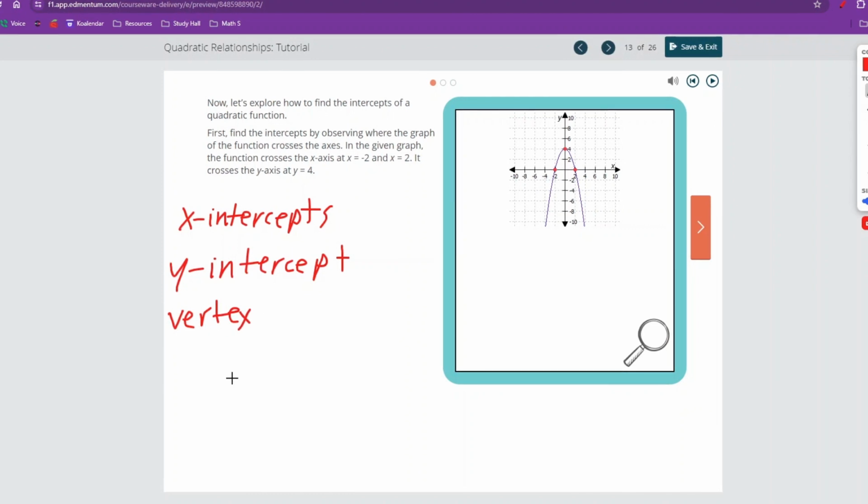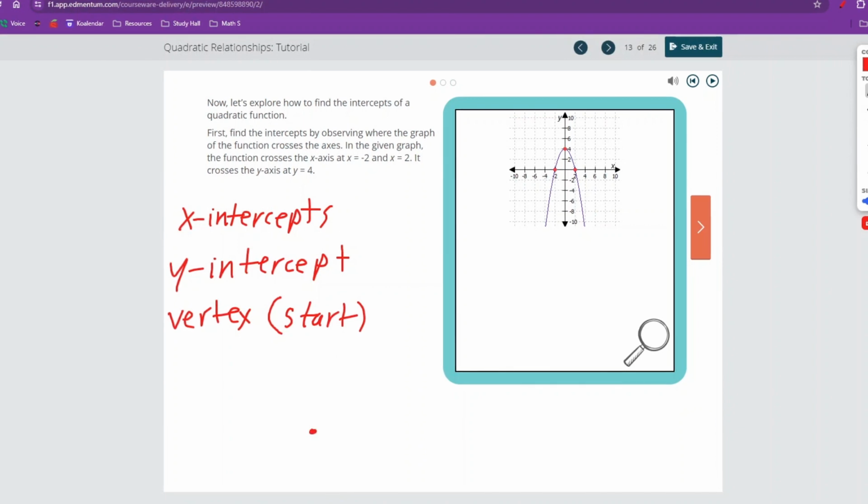This is the maximum or minimum of a given parabola. And though, much like a line, it goes on forever, this is where you could, in layman's terms, say that this is the start of the graph, or at least the start of where you're going to graph from.